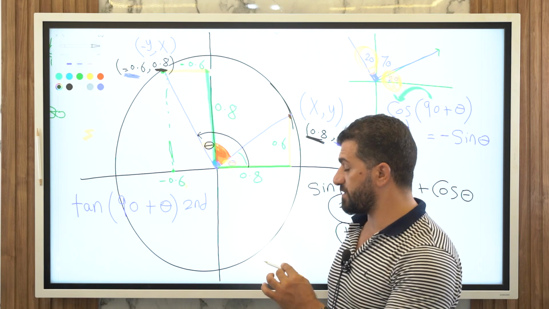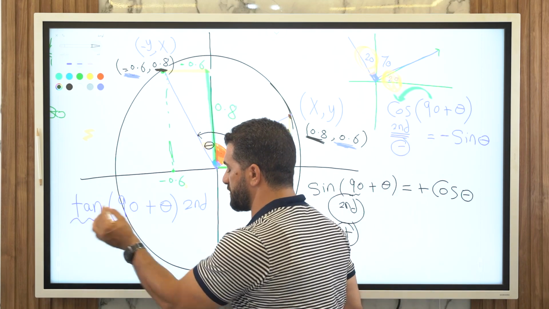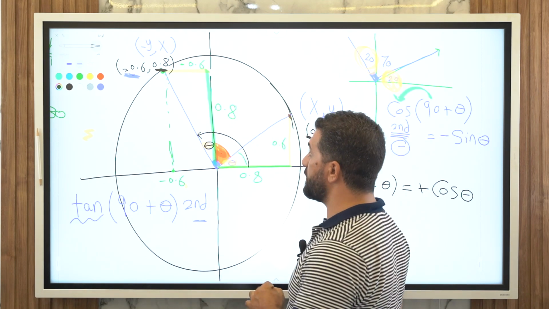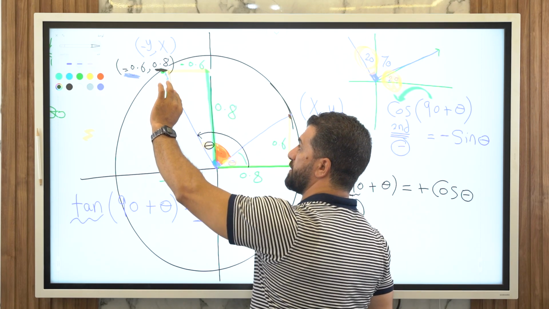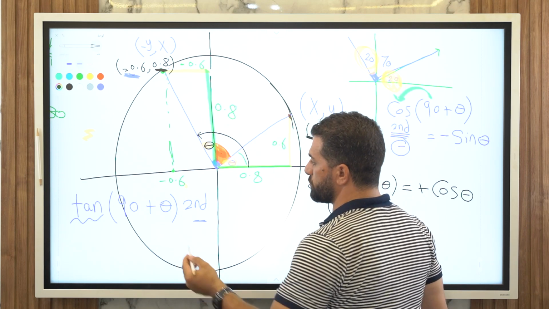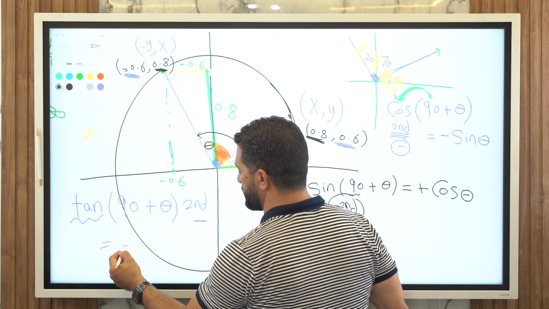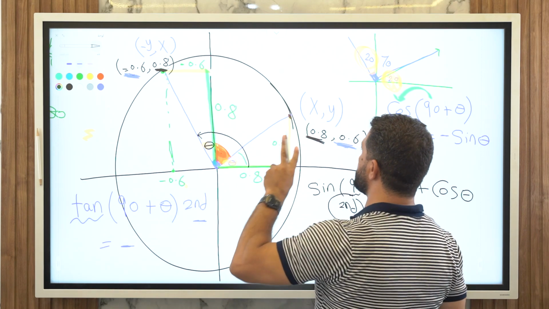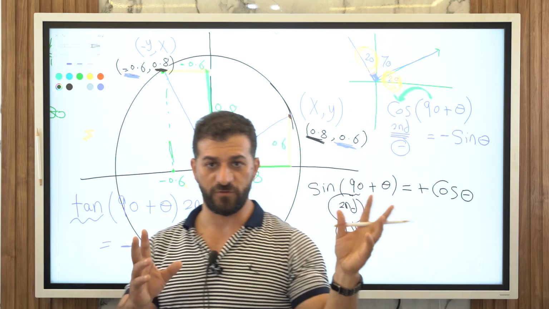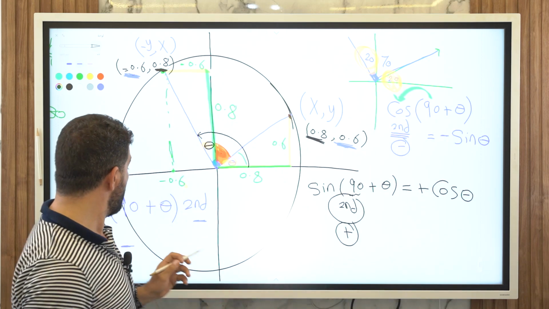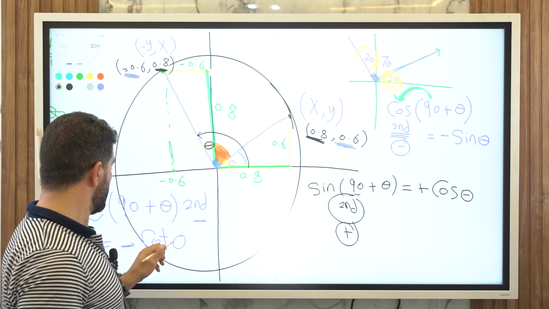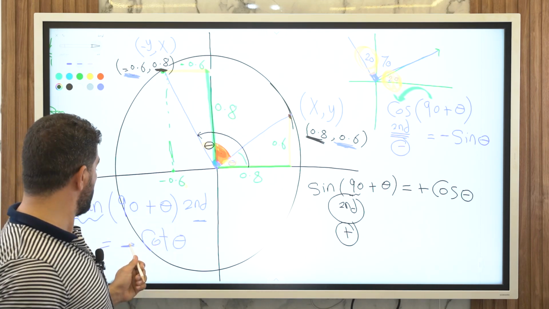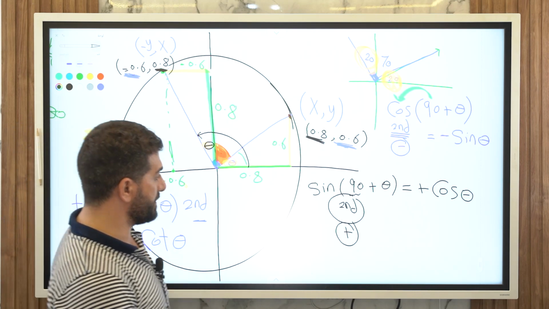What is the sign of tan in the second quadrant? Negative. Here it's a positive divided by negative, sine divided by cosine. So tan 90 plus theta is negative, but because sine and cosine have both been changed, it will be equal to negative cotan theta.